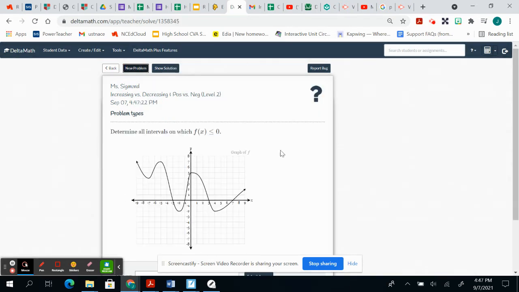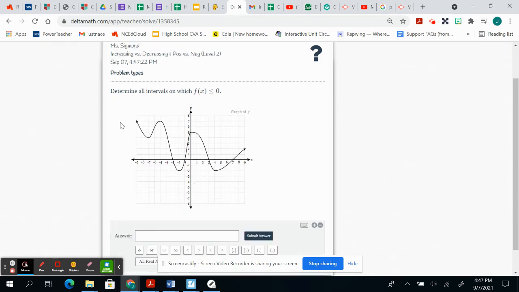All right, squiggles, squiggles. So when is y, because f of x is the same thing as y, less than or equal to 0? So that means we're going to go from our x-axis, where y is 0, and to the bottom. So we are above the x-axis, and we cross at -3. And then we're below until -1, and we cross again.